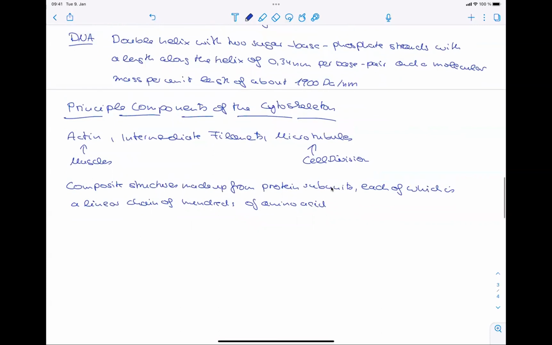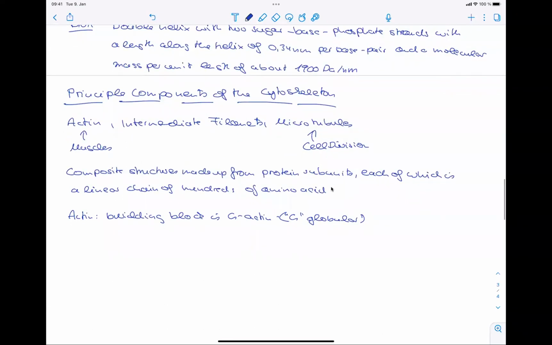For actin, the building block, this monomeric unit, is G-actin, where the G stands for globular.